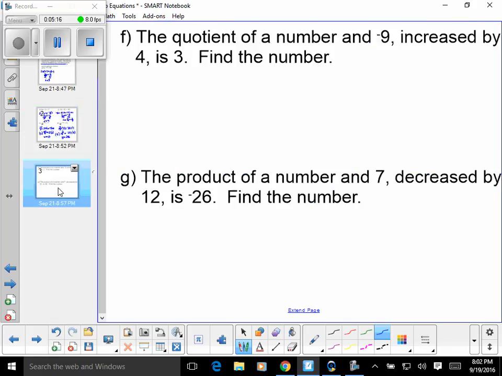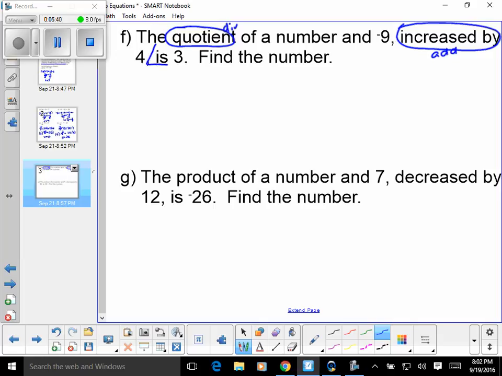Yes, there shall be story problems. Quotients, that means divide. A number and negative 9. And here is another clue, increased by, that's add.